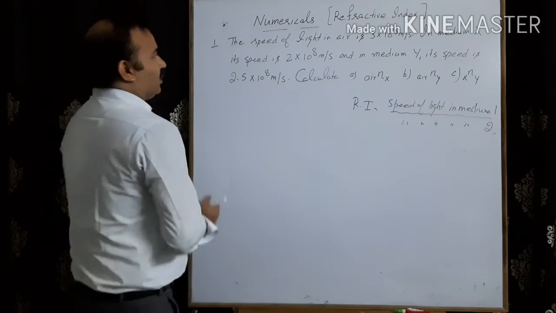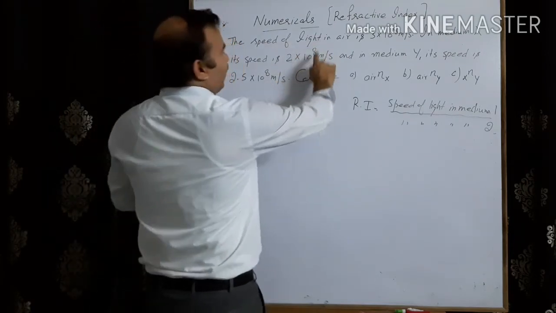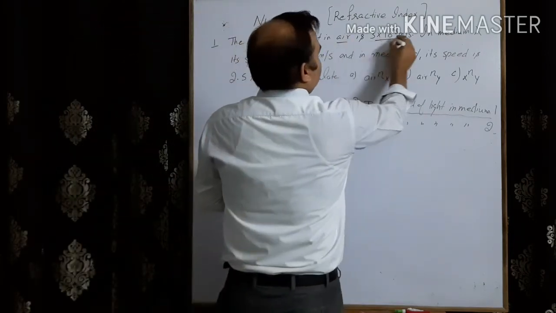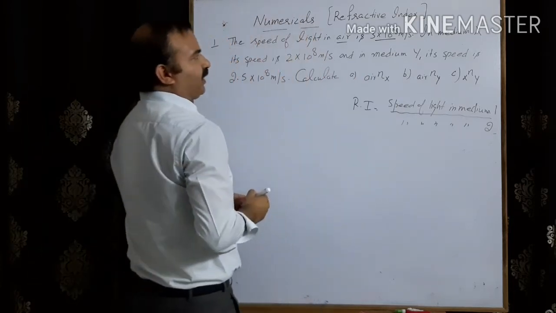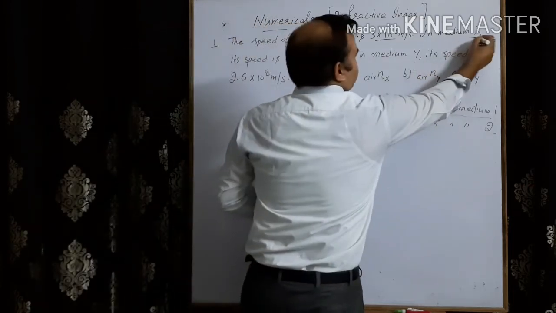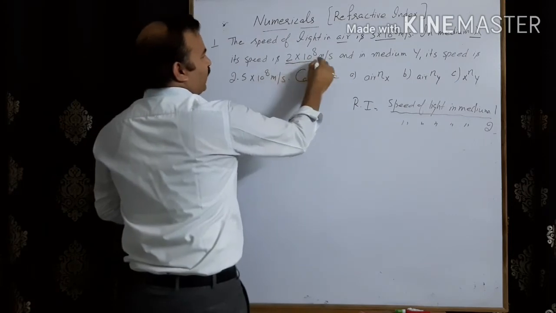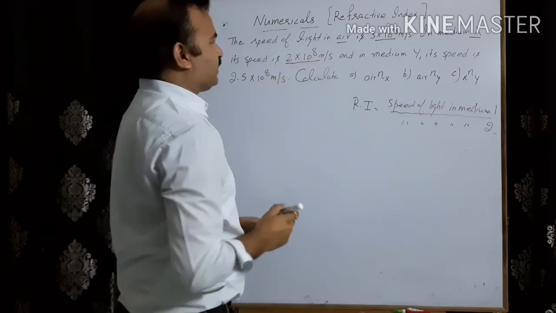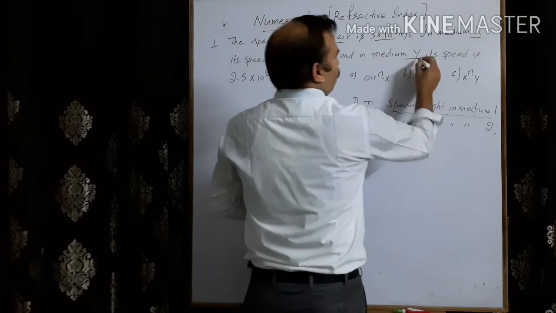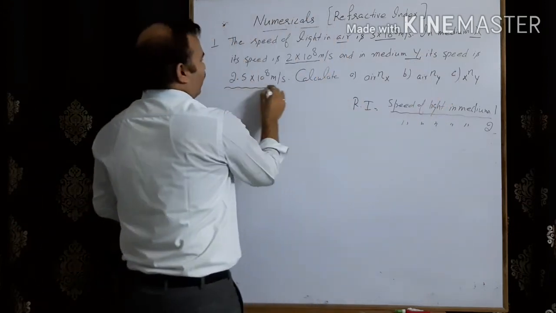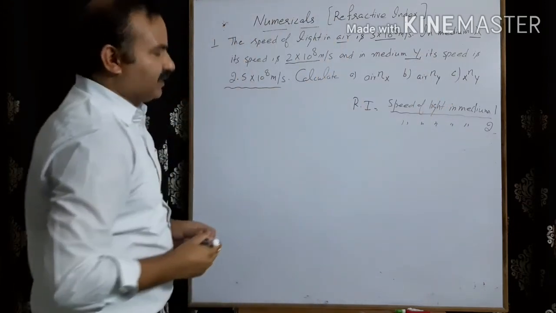Now here the speed of light in air is given as 3 multiplied by 10 raised to power 8 meter per second. This is a medium X, in which the speed of light is given as 2 into 10 raised to power 8 meter per second, and there is another medium Y, its speed is 2.5 into 10 to the power 8 meter per second.